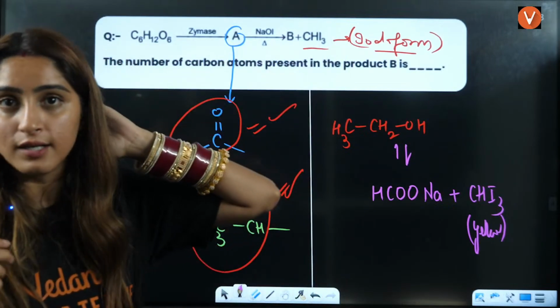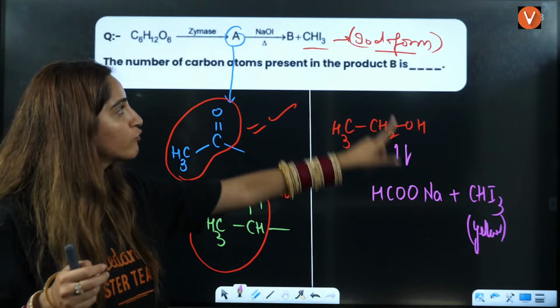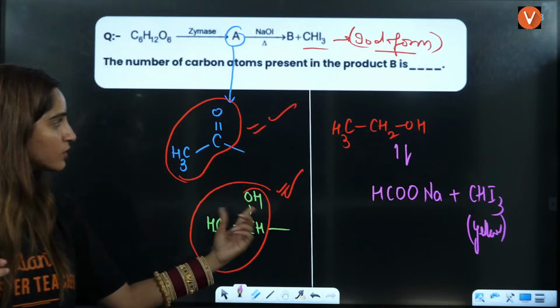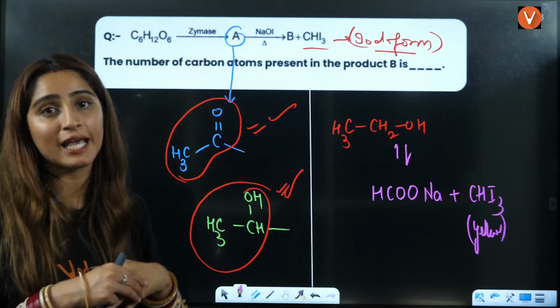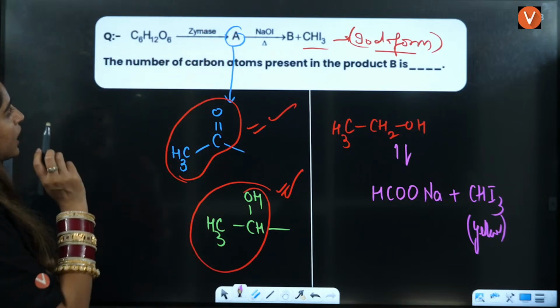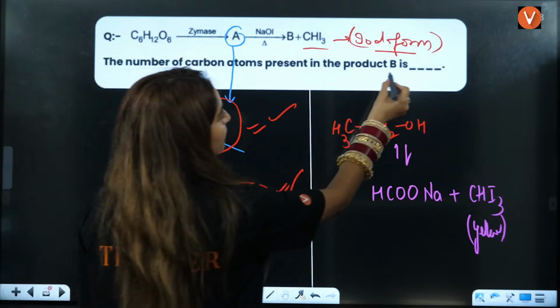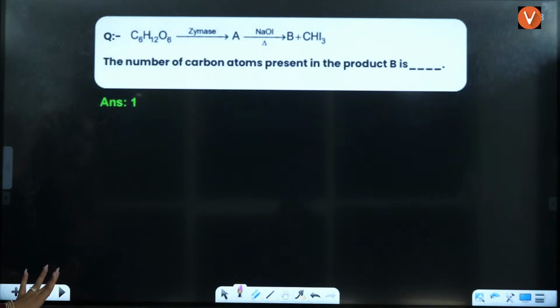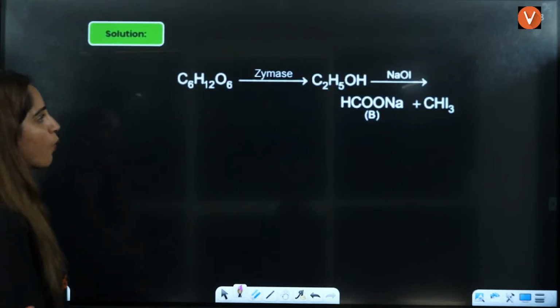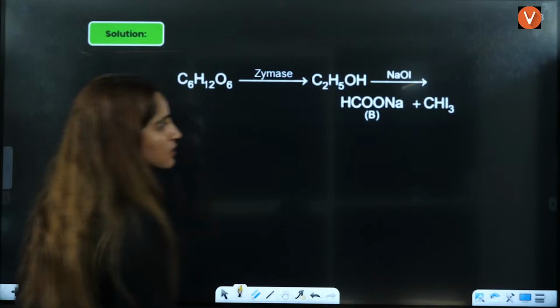What is the answer? Yellow precipitate means iodoform test. Iodoform test means either this or this. But if you have glucose with zymase, it is going to give you ethanol. Right? So the number of carbon atoms present in product B is going to be 1. So 1 is the correct answer. As you can see here, 1 is the correct answer.